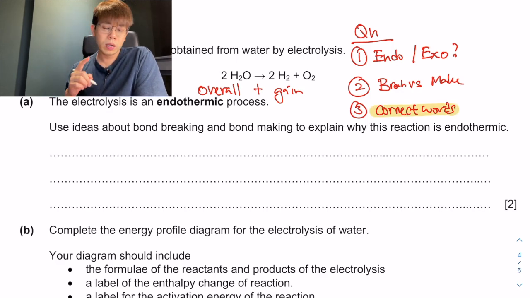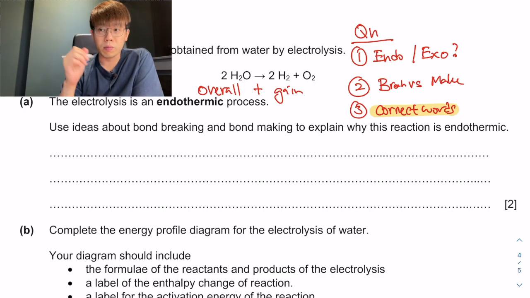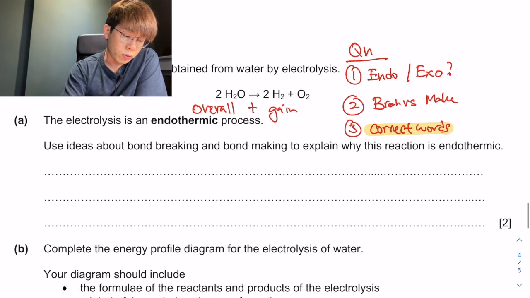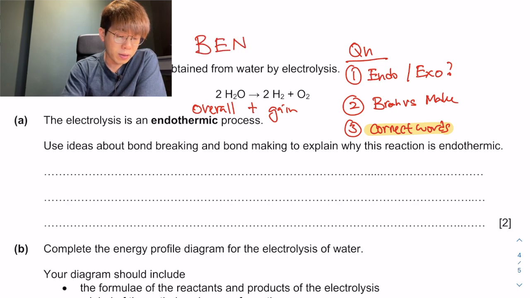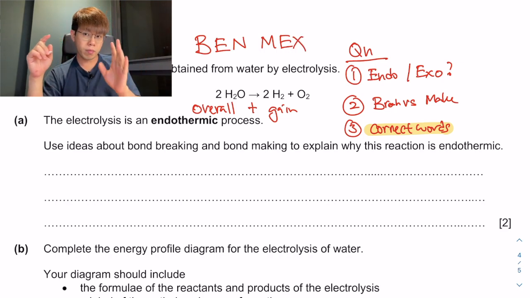Sometimes you might have a bit of difficulty with bond breaking or endo or exo, so let me give you a mnemonic. The mnemonic is: Mr. Ben, go to Mexico. Ben Max.